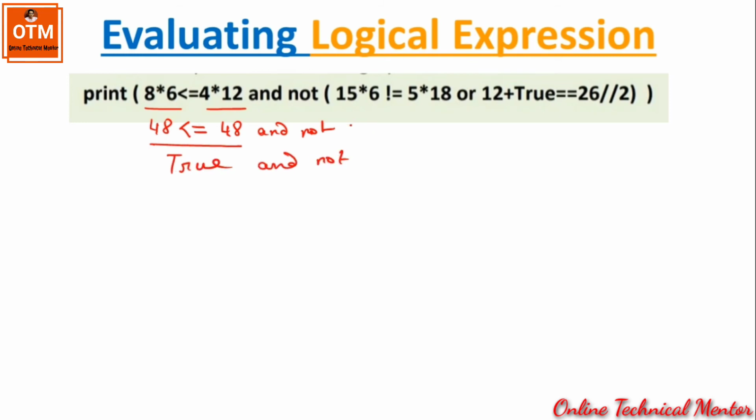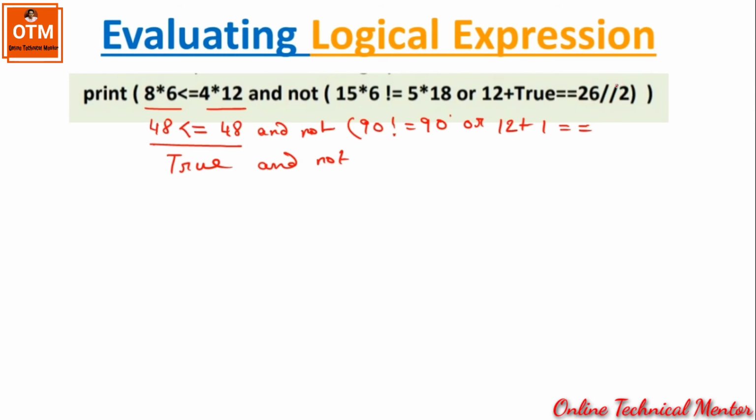And not. So within the bracket, 15 multiplies 6 will give you 90. Not equal to, this is also 90. Next, this or: 12 plus 1. When true is added with an integer value, then true will be considered as 1. So let me write 12 plus 1, and it will be checked with 26/2.